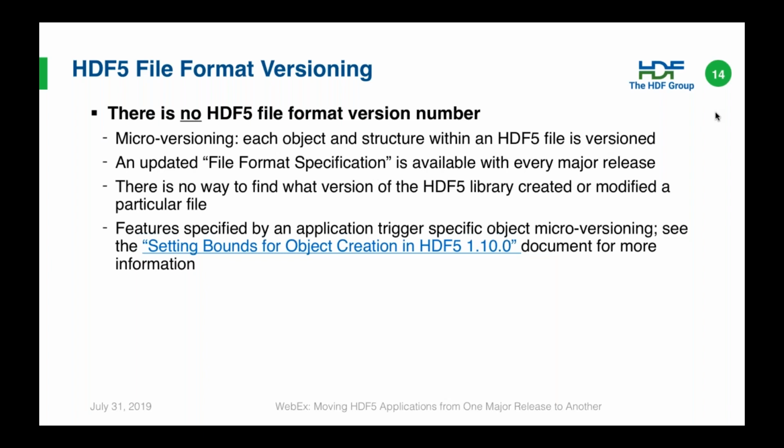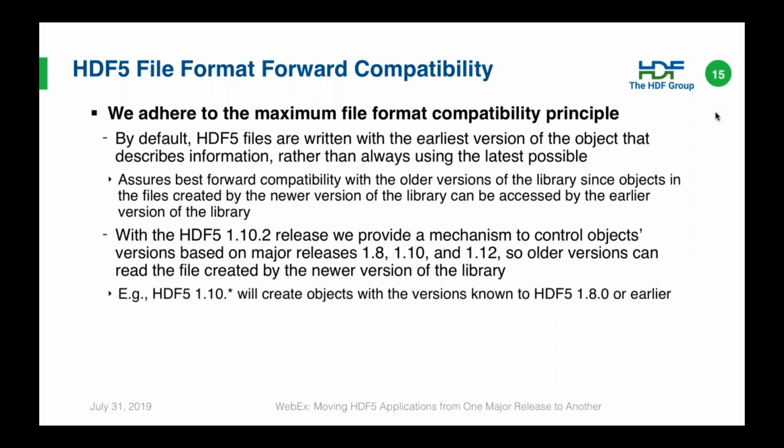This document is the first step in that direction, but we always recommend just using the latest version and you will be able to read any file that comes your way, a file of unknown provenance, whichever library created or modified it, because a new library can add new objects to an old file, and some objects will still be readable by older versions, but new objects will require a new version of the library.